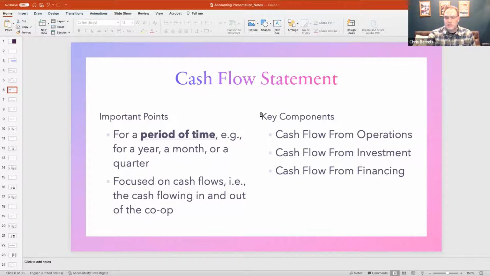It has three key components or building blocks that you use to create the cash flow statement: cash flow from operations, cash flow from investment activities, and then cash flow from financing activities. So the end result of the cash flow statement is it has to show how much cash you have in the bank at the end of the year or the end of the period.